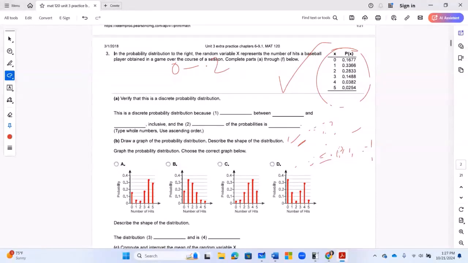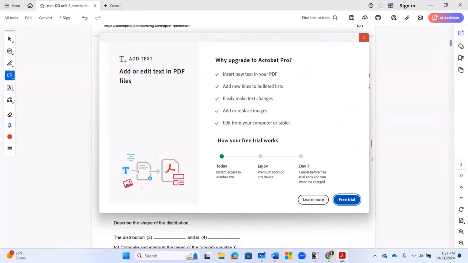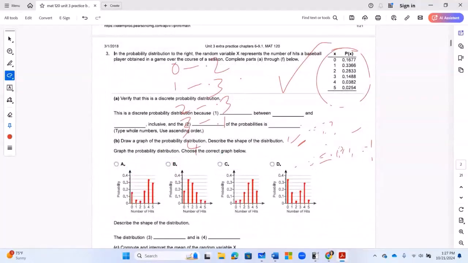1 is mapped to 0.3 approximately. 2 is mapped to 0.3 again, approximately. 3 is mapped to 0.1. 4 is mapped to, I would say, if I round that up, it's going to be approximately 0.